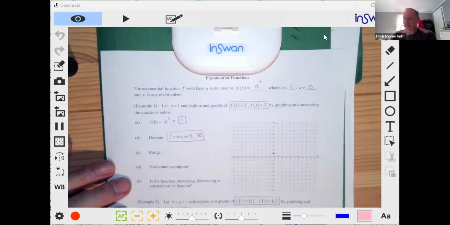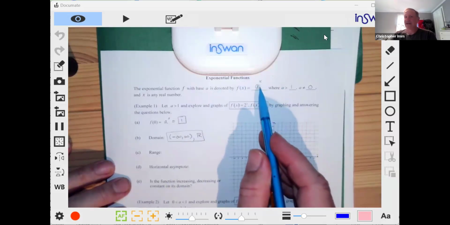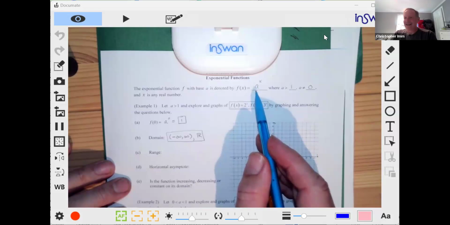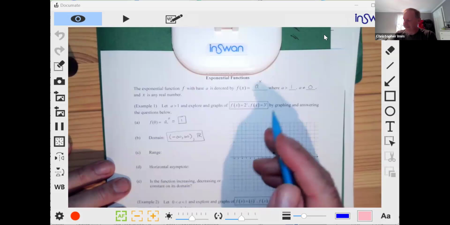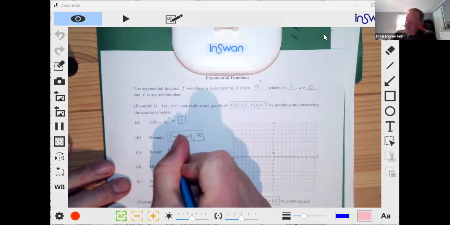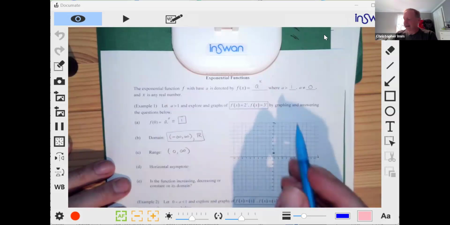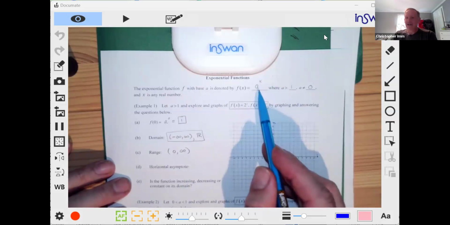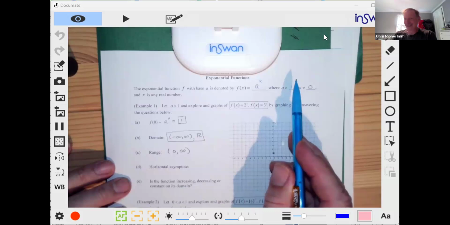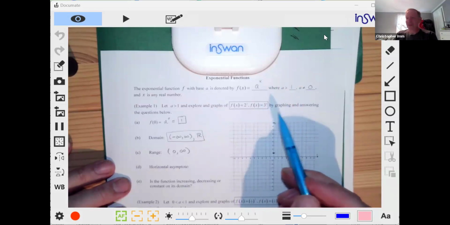But what am I going to get out? Even if I flipped a number and it got smaller and smaller and smaller, it's never going to get less than 0. So my range is going to be 0 to infinity. It turns out, if I had, let's say, 2 to the negative billion power, it'd be 1 over 2 to the billion.